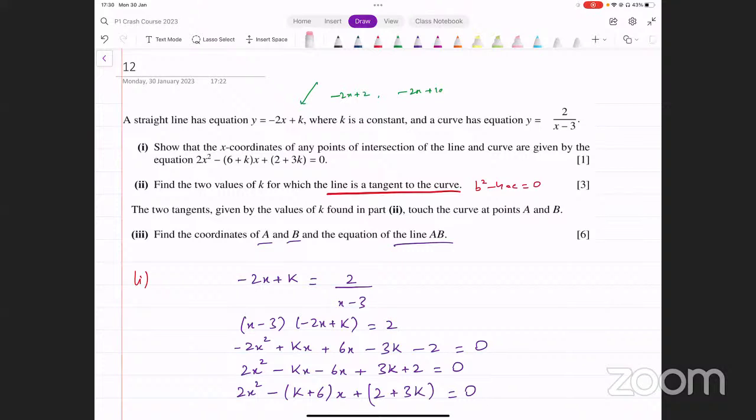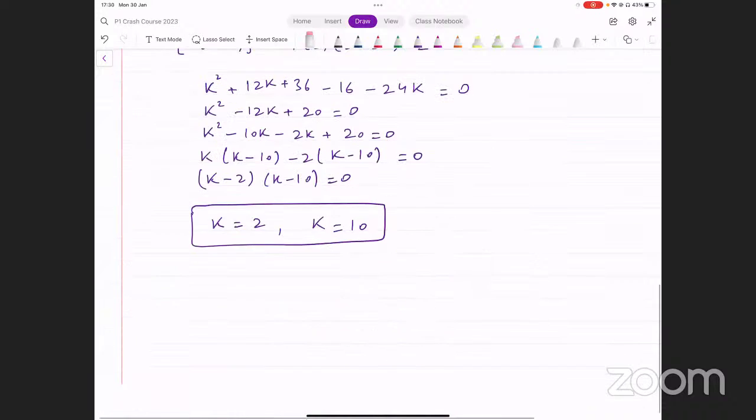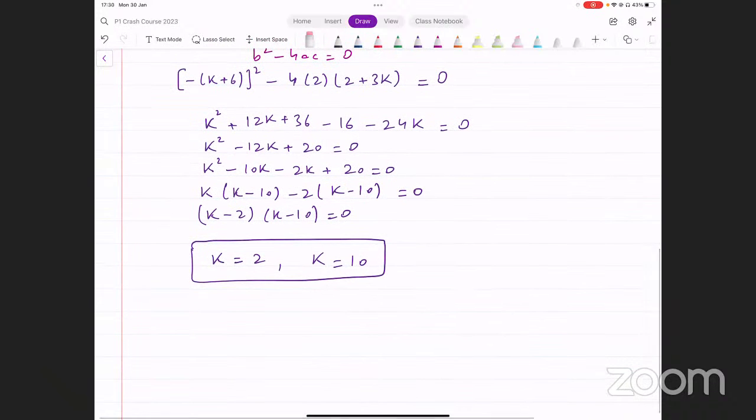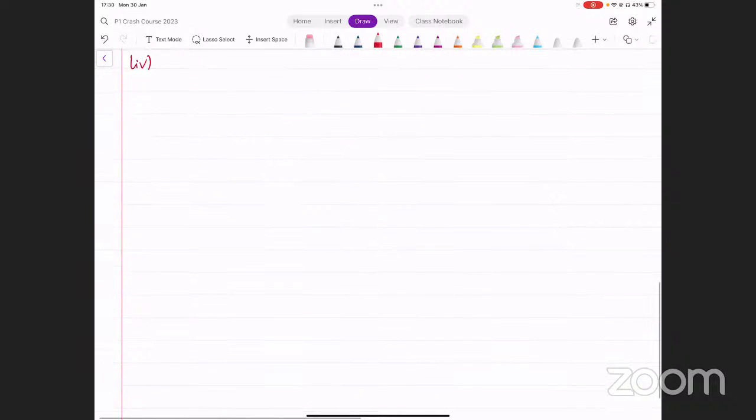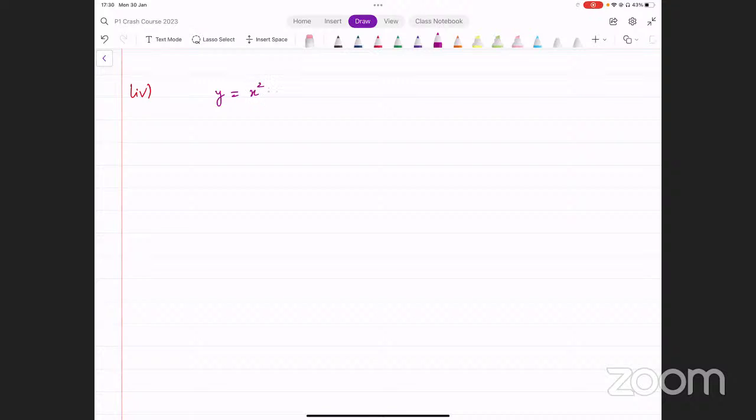Now think about this. We've got the function, the curve. Let me write that down here. The curve is y equals x squared minus 3x plus 4. And we've got a tangent, which is y equals minus 2x plus k.